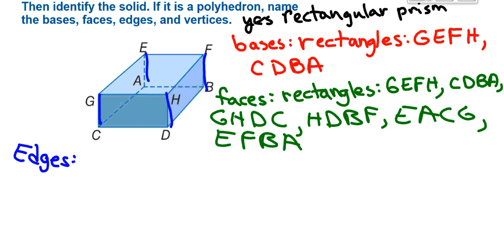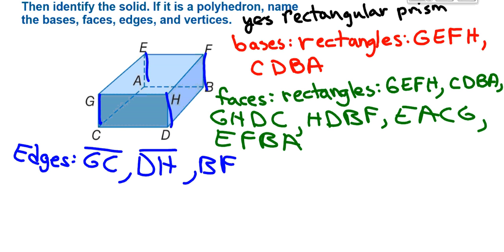Okay, so let me write those. So segment GC, segment DH, segment BF, and segment EA. And I may or may not say them in the same order as you. So now tell me about 4 more.